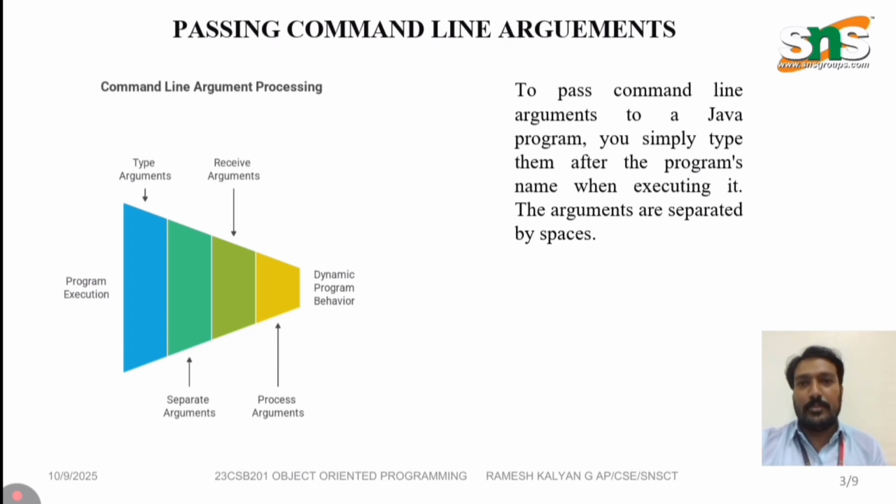In this case we will be giving java space filename space argument 1 space argument 2 space argument 3, as it goes on. We can see this in the figure added to this slide. Initially, the program execution process starts with typing the arguments, then separating the arguments using single spaces, then receiving the arguments, then processing the arguments, and finally the output process.